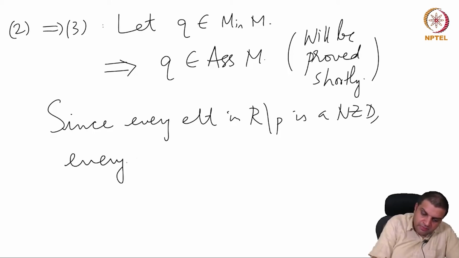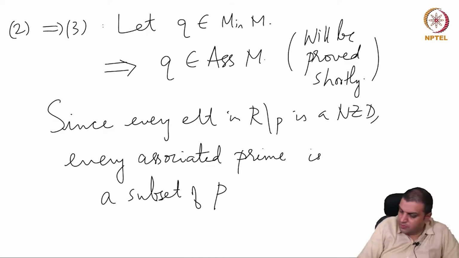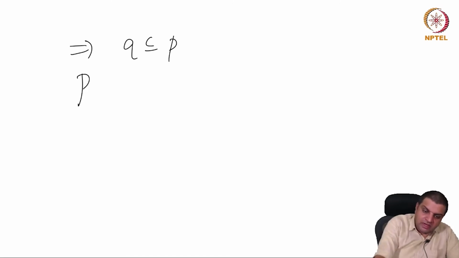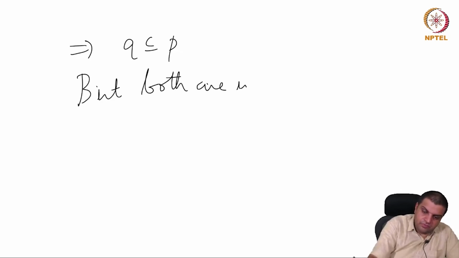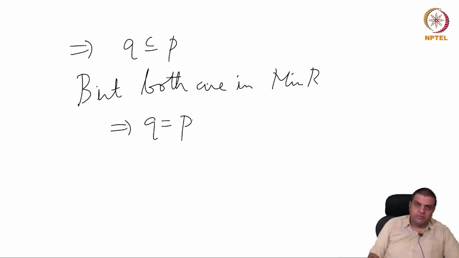Every associated prime is a subset of P. In other words, Q is a subset of P, but both are in min R, which means that Q is equal to P.